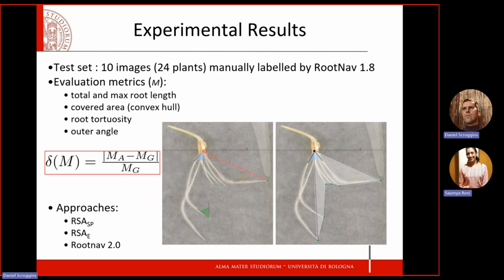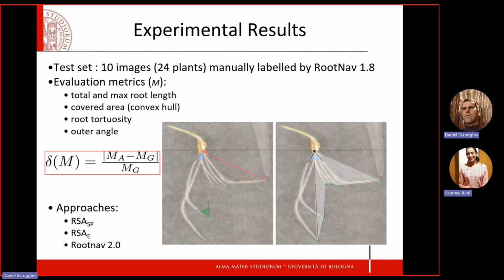And to evaluate the effectiveness of the tested approaches, we consider metrics such as the total and maximum root length, that is, the total length of all the roots of a plant or the maximum length of a single root, the area covered by the root system, shown in this figure, the outer angle, which is the angle between the most left and the most right root, and the tortuosity.